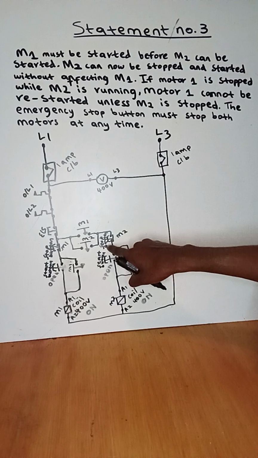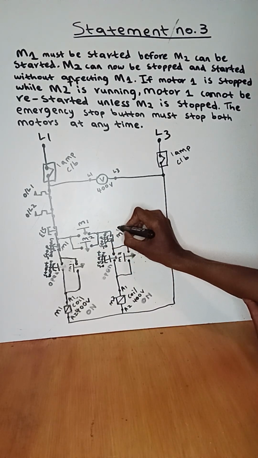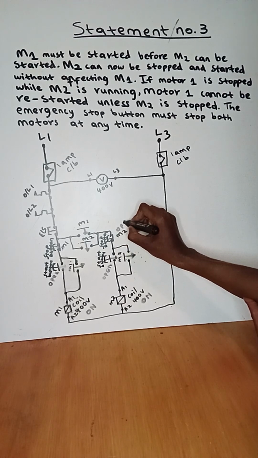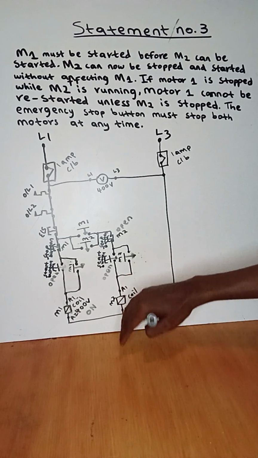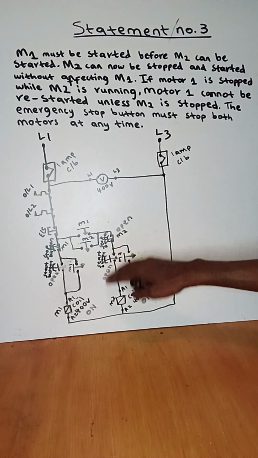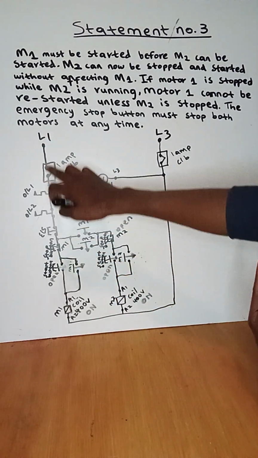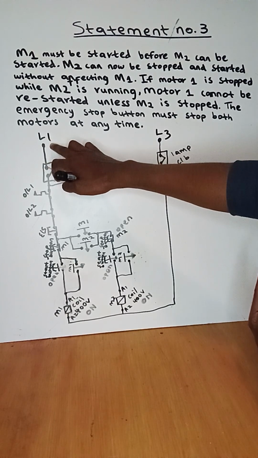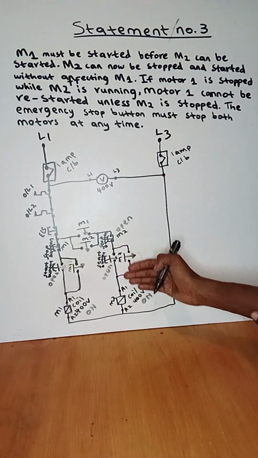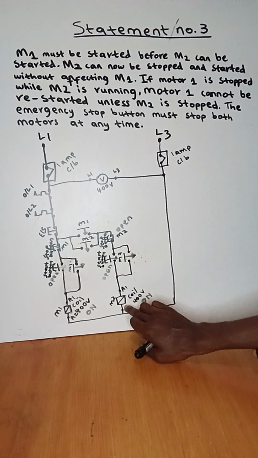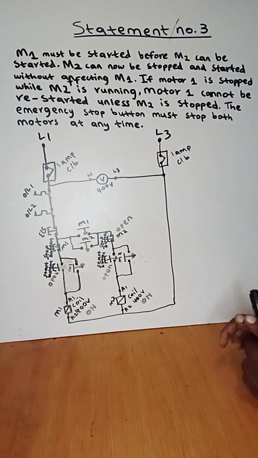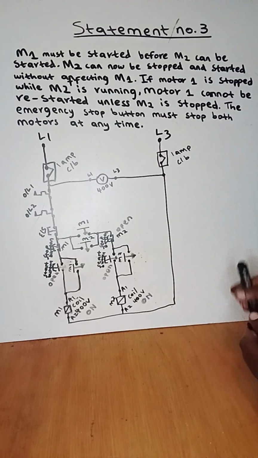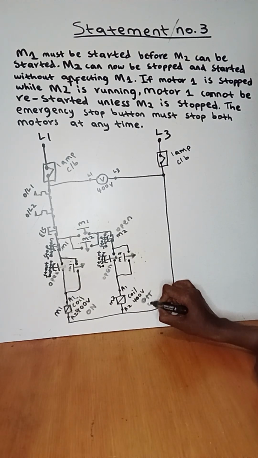I press the stop button of motor 2, which is here, and it creates an open contact. When it creates an open contact, everything after the stop button will not get live 1 from the supply voltage. So the coil of motor 2 will not get live 1, so it will be off.